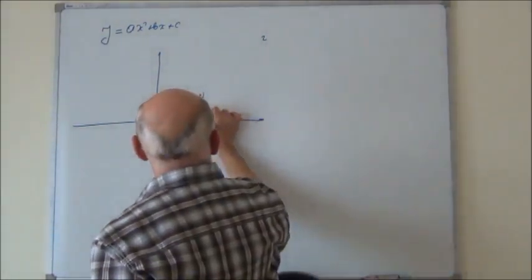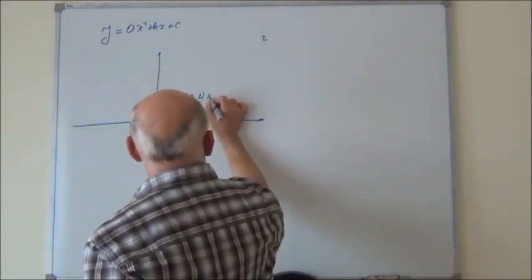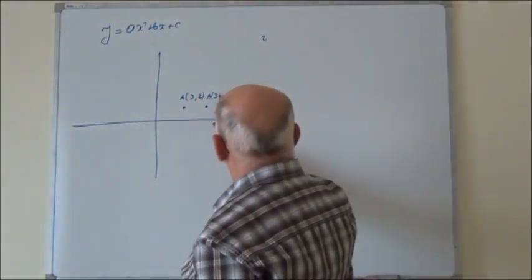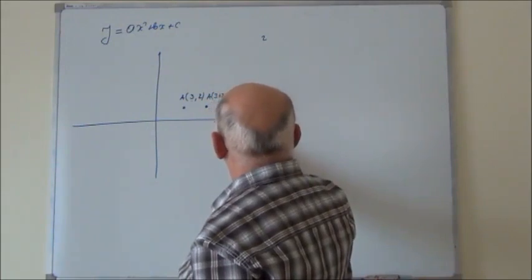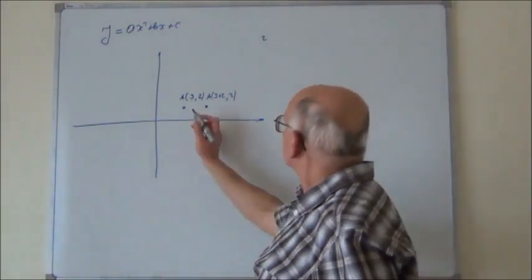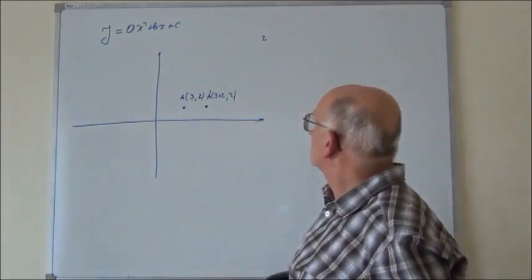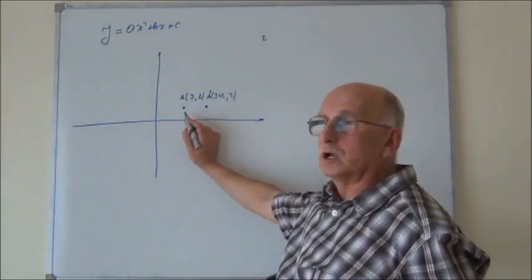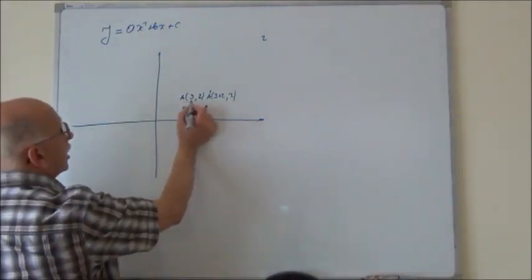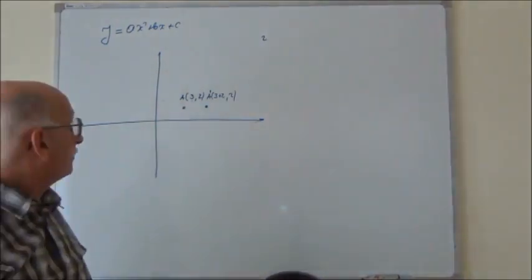So the point will be somewhere here with coordinates 3 plus 2 for x, and of course the y coordinate stays the same. I will mark it with a dash here. If you are translating to the left, then of course it will be 3 minus 2, so the point will be somewhere here.